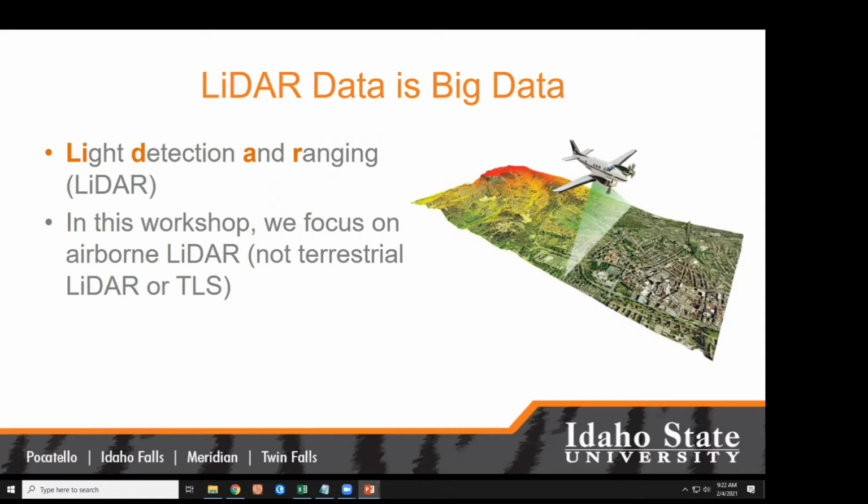The more common LIDAR becomes, I see most people are not spelling it in any special way. Originally it was a capital L, lowercase I, then because the rest of it's an acronym, everyone would put it into all uppercase. Now it's just becoming a word, and people are just writing LIDAR. So I will probably use it in both ways today, both in the exercise that I wrote for you, as well as in these slides.